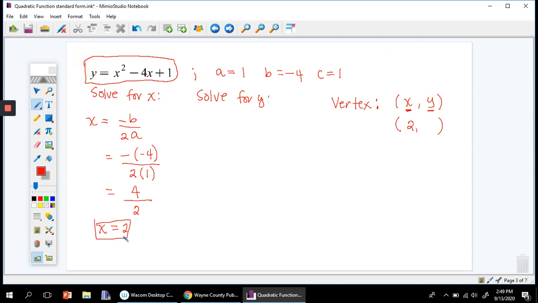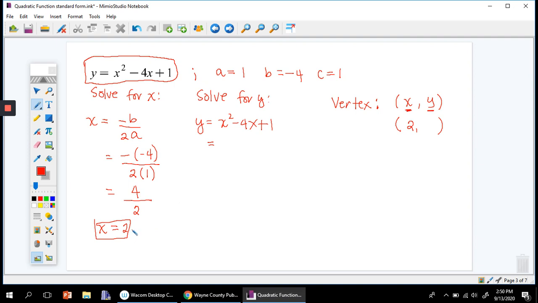Since we already solved for your x, we already have the value for x, all we have to do is plug in or substitute the value of x that we just solved into the given function to solve for y. So y is equal to x squared minus 4x plus 1, right? That is our function. So we are going to solve for y.